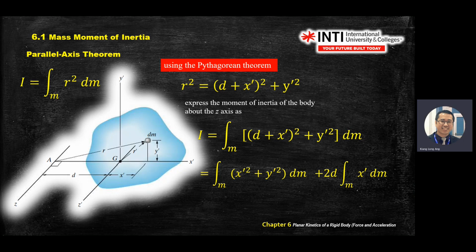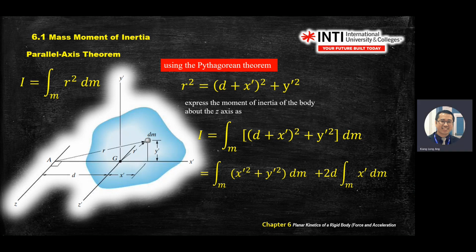Hey, this is mathematics, eh? x prime, no two there. So what is missing? You know how to do this one, right?